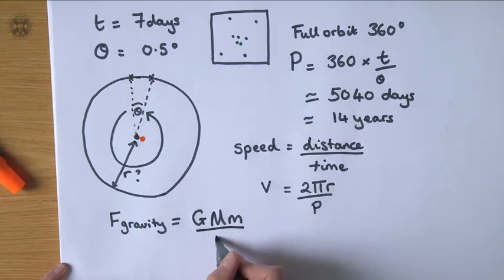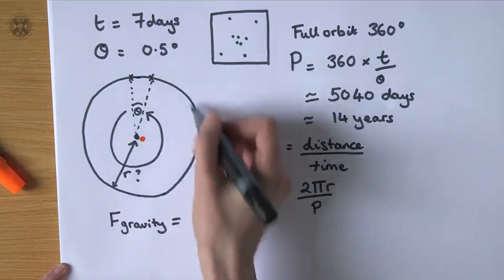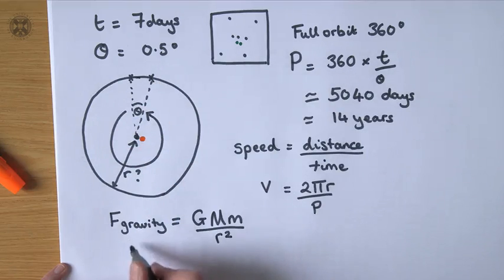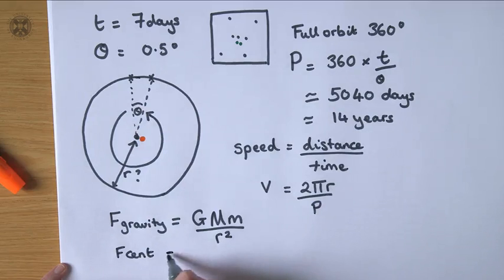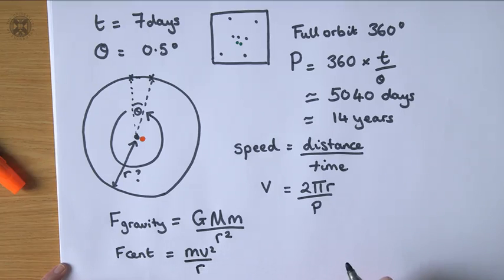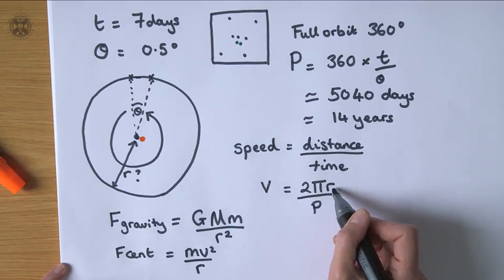And let's not forget the distance, GMm on r squared. Now it's gravity that's keeping our asteroid in orbit, but it's experiencing a centripetal force, and the equation for that is mv squared on r. So I think we have all of the ingredients that we need now in order to be able to calculate the distance that our asteroid is away.